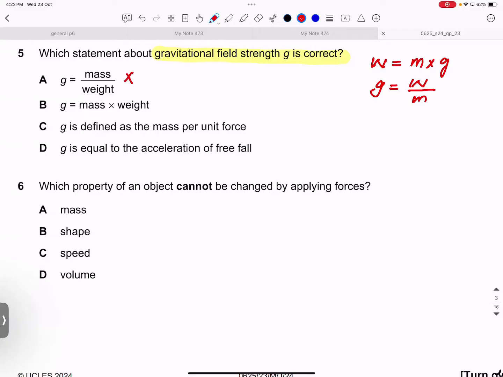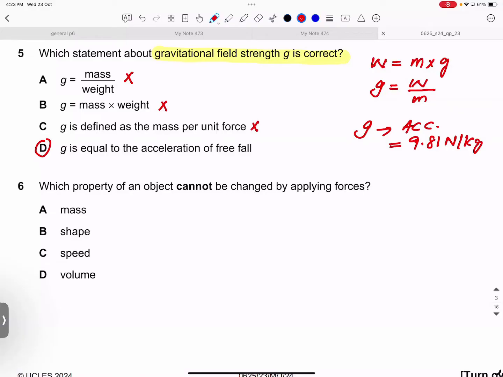Option B says G is mass multiplied by weight. No, it's weight divided by mass. G is defined as mass per unit force. No, it is actually force per unit mass. G is acceleration of free fall. Yes, G is acceleration of free fall, which is taken as 9.81 on the surface of Earth.